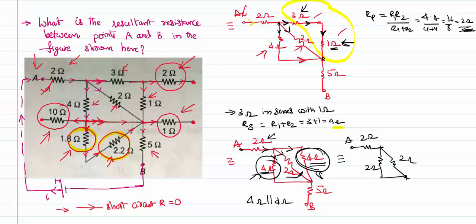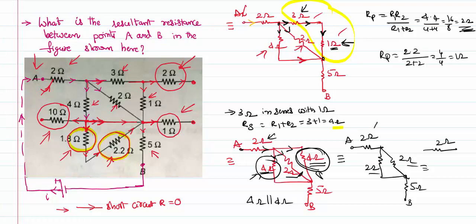And of course, there is 5 ohms and this is the point B. Again, these 2 ohms and these 2 ohms are in parallel, the same formula. Resistance in parallel is R1 R2 by R1 plus R2, that is 2 and 2, 4, by 2 plus 2, 4, that is 1 ohm.